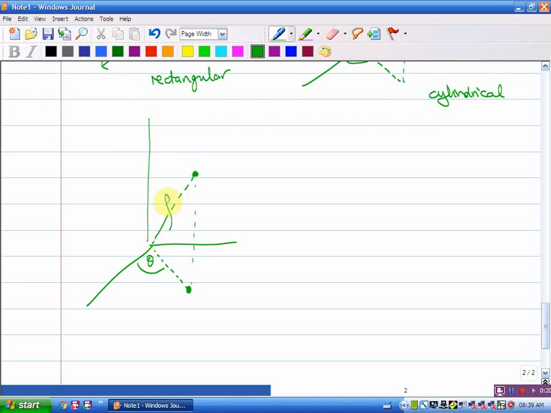Rho is the distance between the point and the origin, and phi is the angle between the positive z-axis and the rho dotted line. So theta is the same old theta that we had in cylindrical and in polar. Rho is the distance to the origin, and phi is the angle between the positive z-axis and that dotted line that rho is measuring.